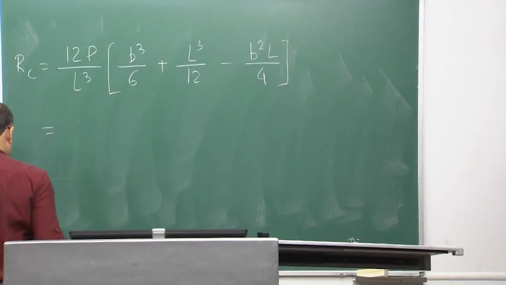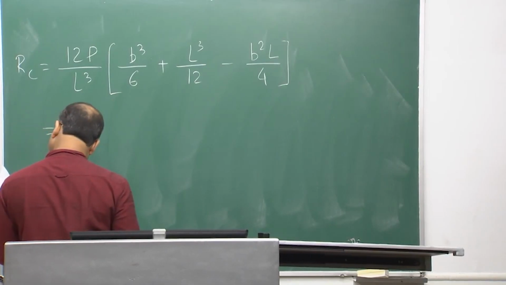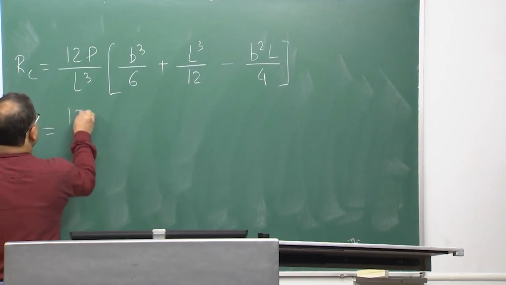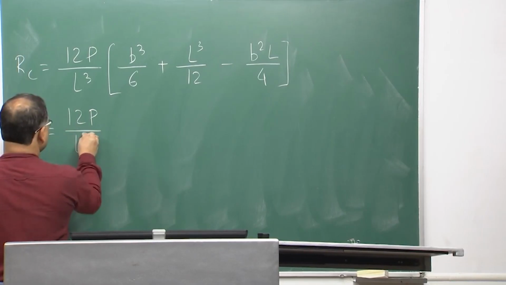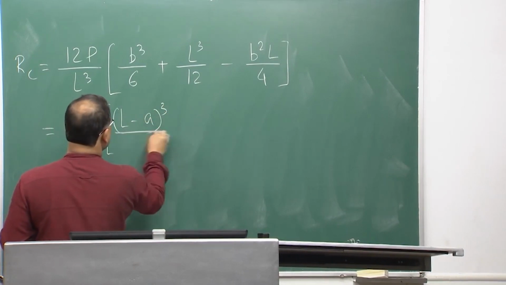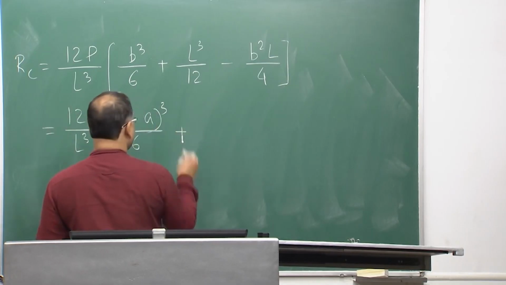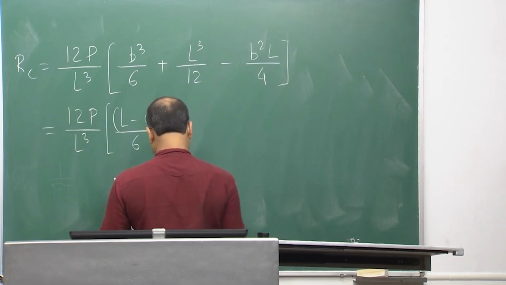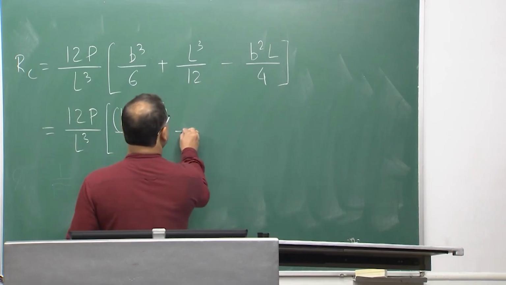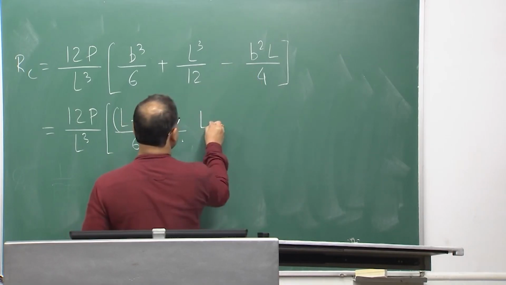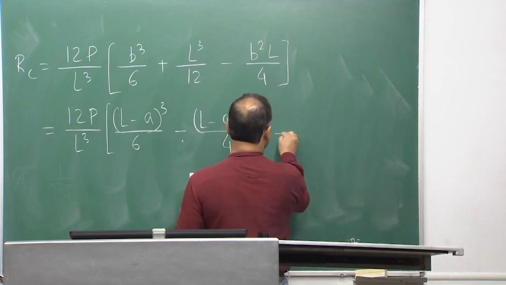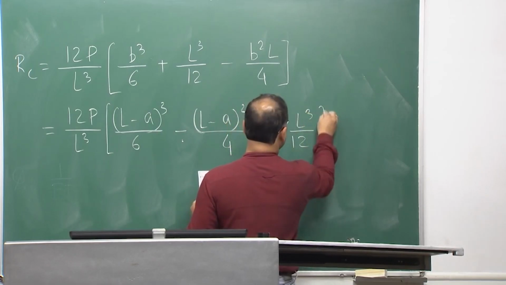This can be further simplified: P by L cube, instead of B, I can write (L minus A) whole cube by 6, minus this B square L, I can write (L minus A) whole square into L by 4, plus L cube by 12.